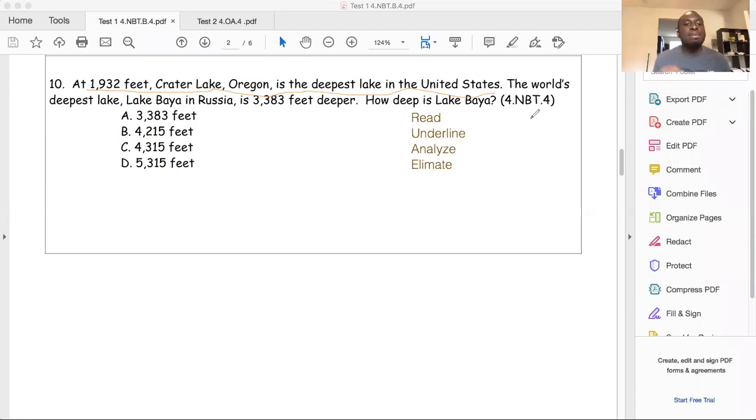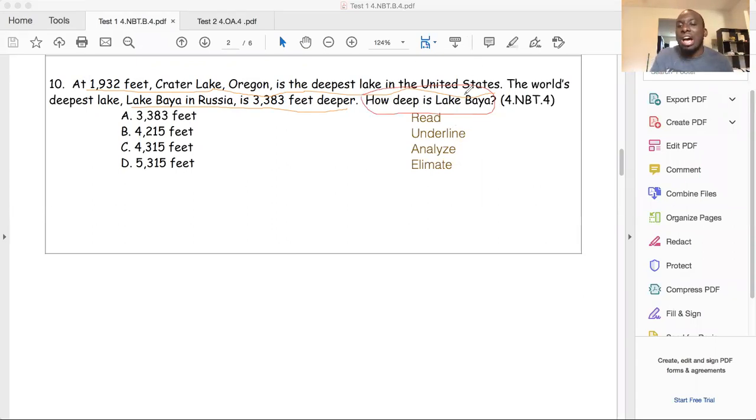The world's deepest lake, Lake Baya in Russia, is 3,383 feet deeper. I need to underline that because that is also important. When I analyze, I'm going to circle what my question is asking. How deep is Lake Baya?